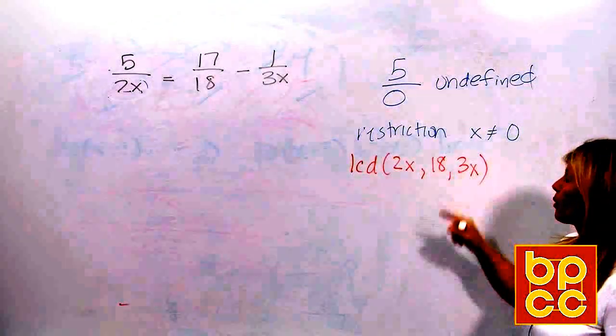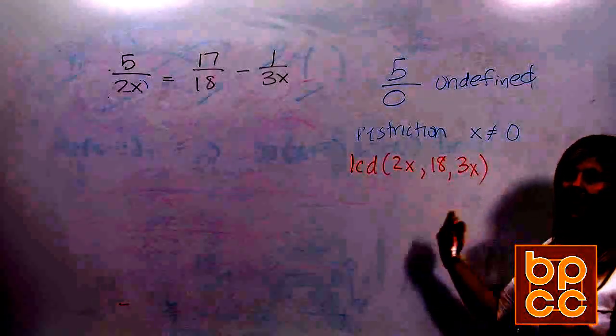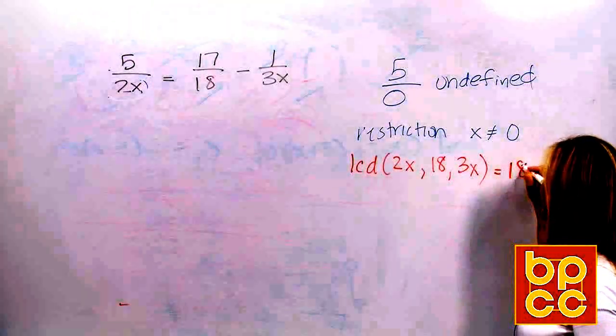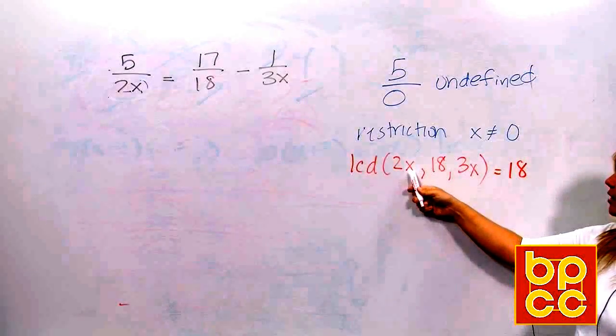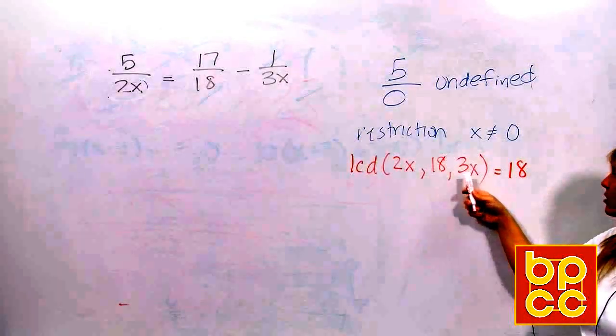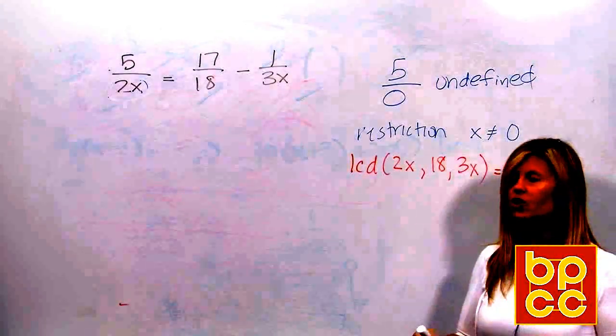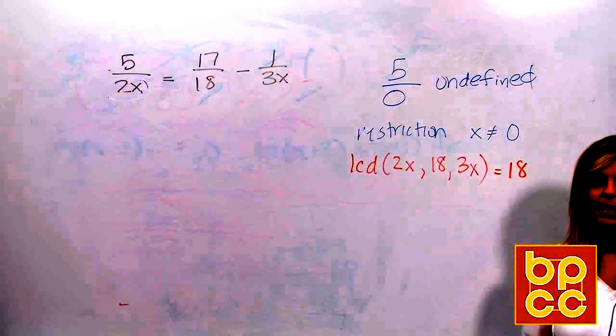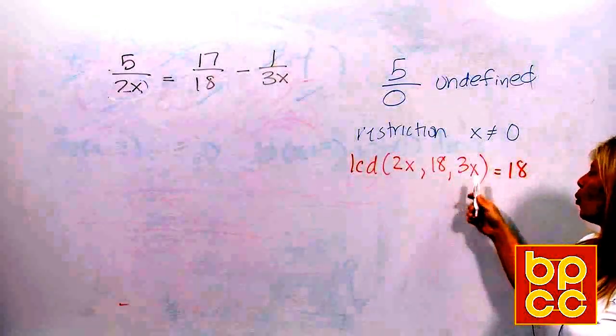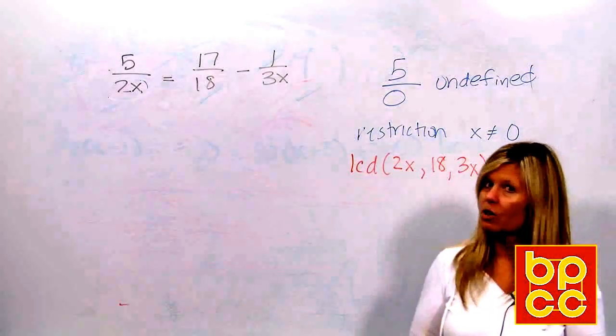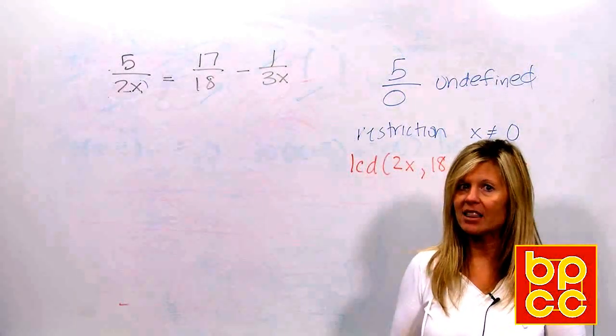So if you look at the numbers 2, 18, and 3, what can they all divide into? You're right, that's 18. But if you look at these denominators, we have an x, no x, we have an x. The question is, do you take both x's for the LCD and make it x squared, or do you just need one x? Well, let's go back to arithmetic.